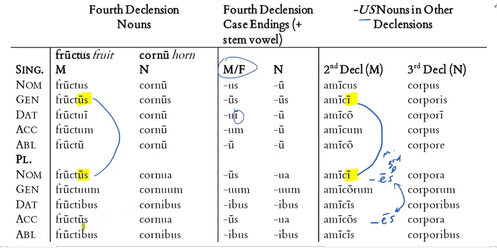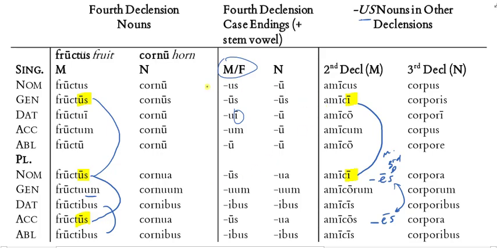And over here, we have the forms in the nominative masculine and feminine plural matching the accusative masculine and feminine plural too. So this matching of the genitive singular is like second declension masculine behavior. This matching of nominative plural and accusative plural is like third declension behavior. And then, of course, you're familiar with -ibus in third declension, and -um is also standard fare for third declension genitive plural. So a lot of similarities here with third declension.